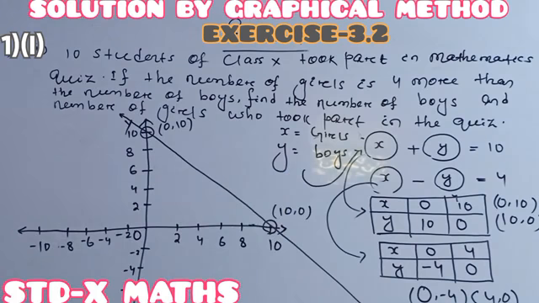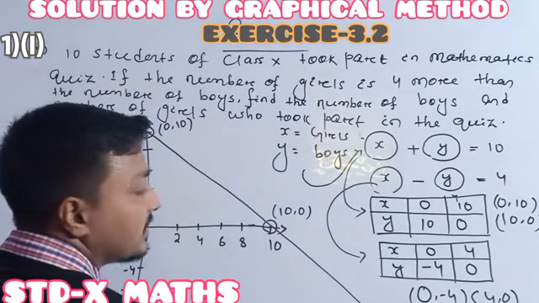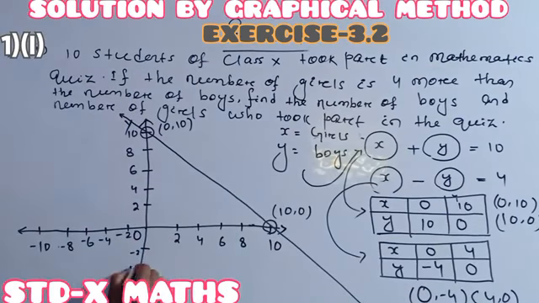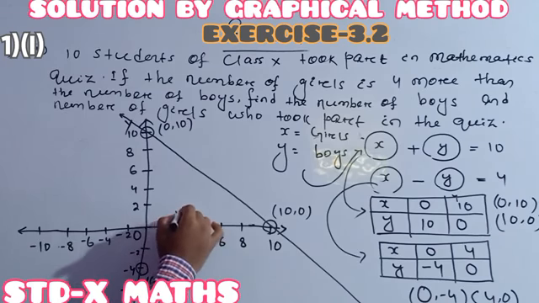Understood? Then the graphical representation of the second linear equation we can do by getting the 2 points 0, minus 4 and 4, 0. 0, minus 4 is a point here, and 4, 0 is a point on the x-axis.